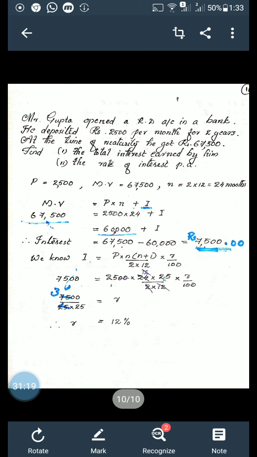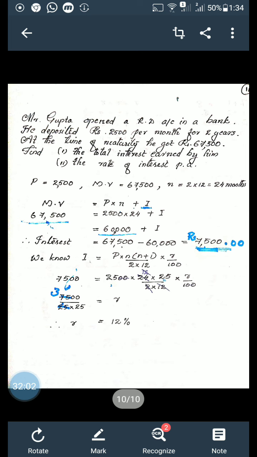Now instead of I we can substitute 7,500, which is equal to P is 2,500 into n is 24, then n plus 1 is 25 by 2 into 12 into R by 100. You can easily simplify this. When you simplify you will get R. Simplification is easy. Now you will get rate is equal to 12%.